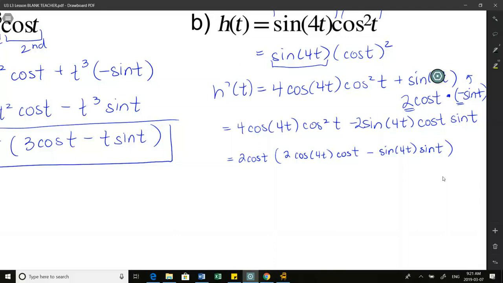What trig identity? 2 sine t cos t. Yeah, we could.